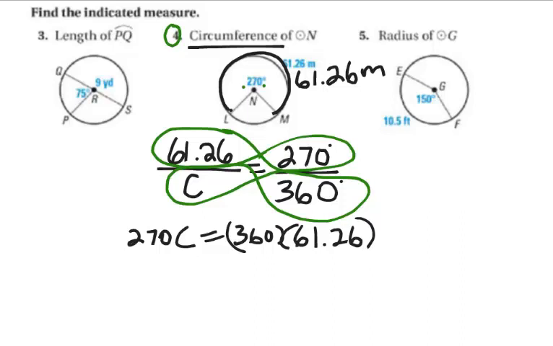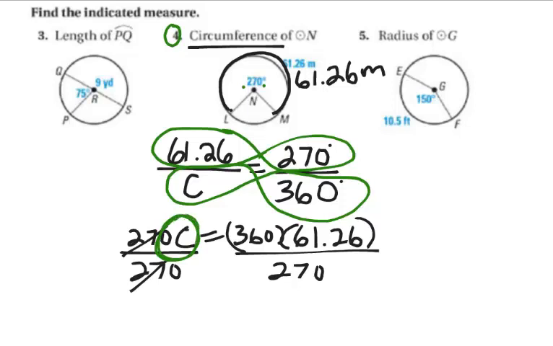And then again, I want c by itself, so let's divide by 270 on both sides. Then I'm going to get my circumference equals 360 times 61.26, enter, and then divide by 270. And you should get 81.68. And it was in meters.